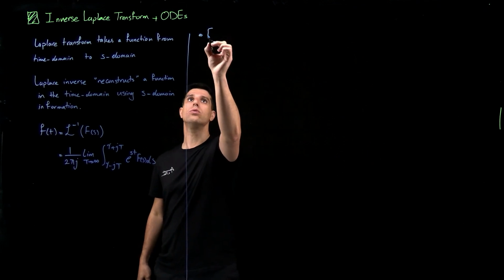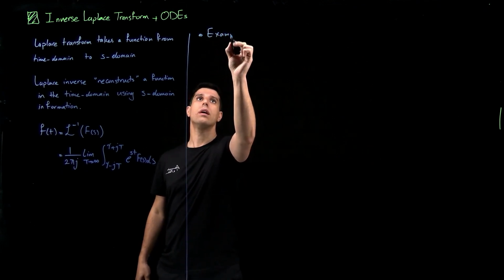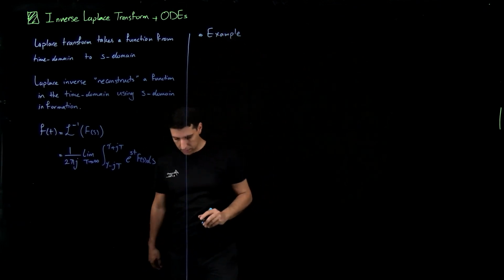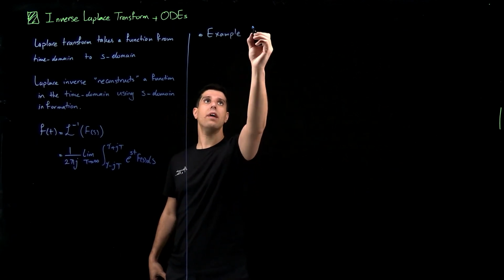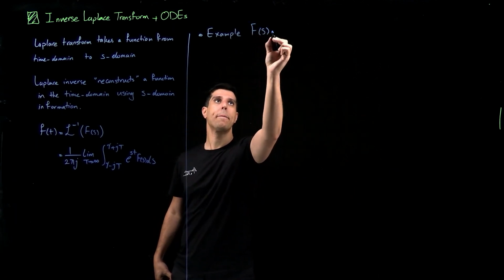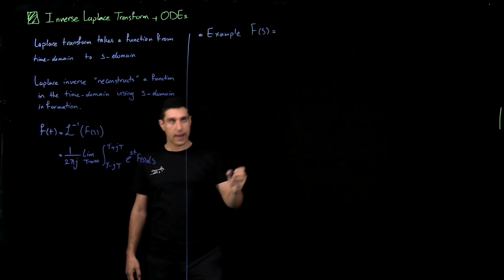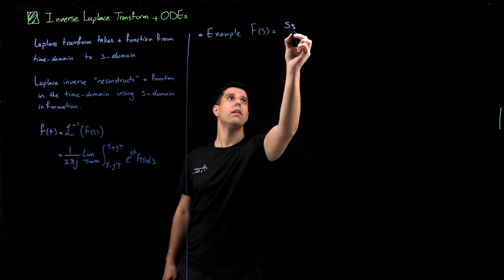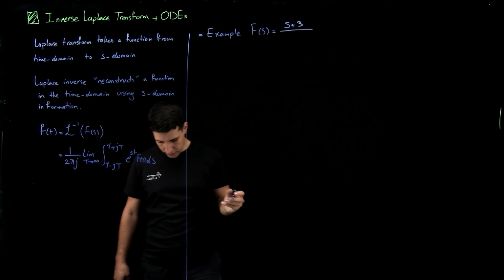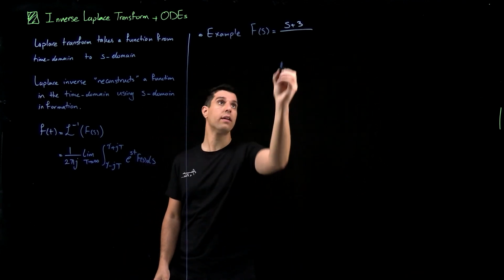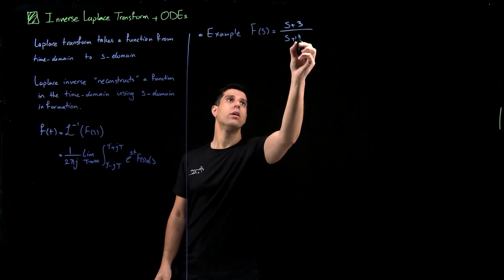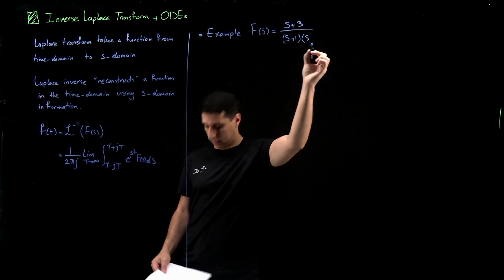Let's do one example. Take my F of s to be s plus 3 divided by s plus 1 times s plus 2.